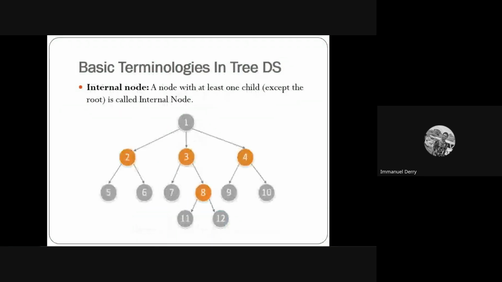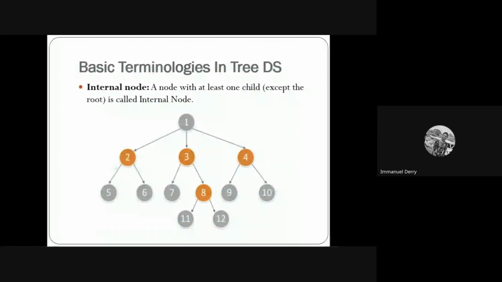And then we have internal nodes, which have at least a child, except the root. So except this particular parent node, any other node that has at least one child, we call it the internal node.